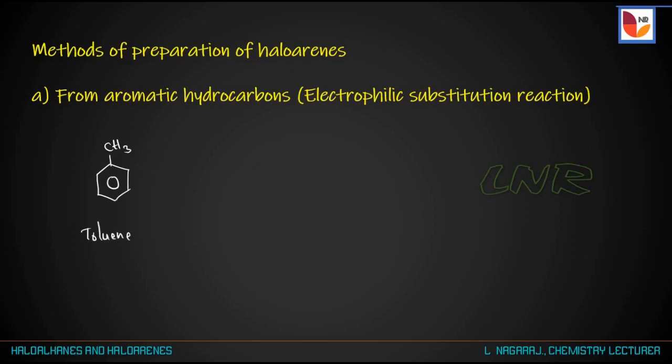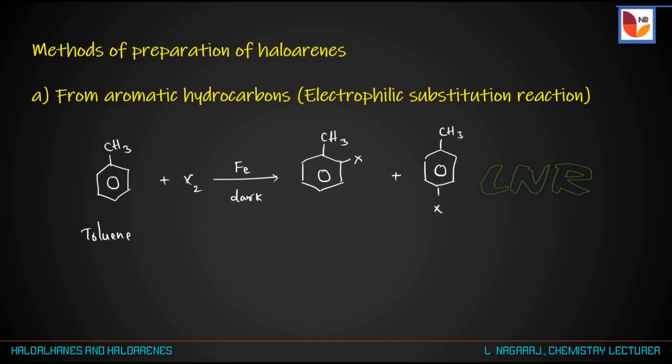When toluene undergoes halogenation in the presence of a Lewis acid, that is Fe acting as a Lewis acid in dark medium, it gives the electrophilic substituted product, that is CH3 with halogen attached at the ortho and para positions.